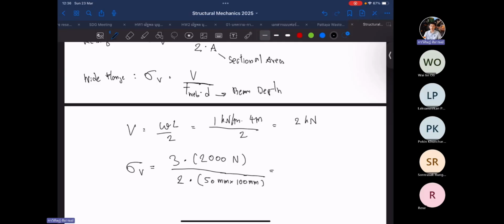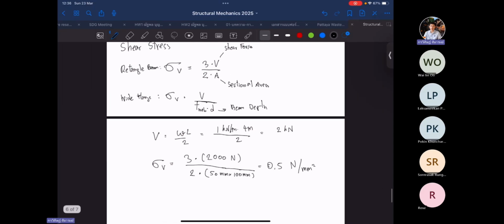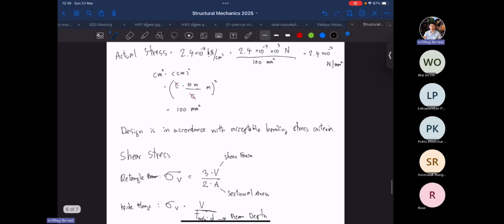Then 3 multiplied by 2000, divided by 2 times 50 times 100, equals 0.6 Newton per square millimeter. Okay, this one is the shear stress.